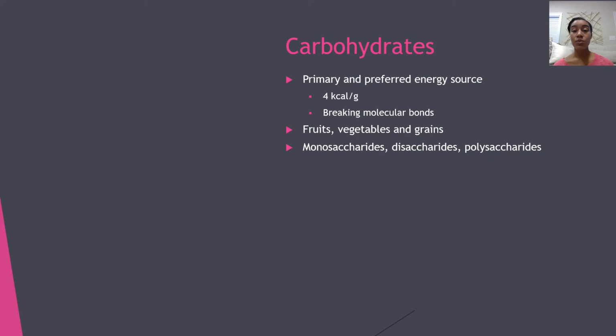It's the same amount that we would get if we broke down a gram of amino acids. So it's okay. And we can get this energy through the breaking of molecular bonds between the atoms in the carbohydrate structure. There are a couple of sources of carbohydrates in your diet. This includes fruits, vegetables, and grains, but carnivores can also get carbohydrates in their diet as well.